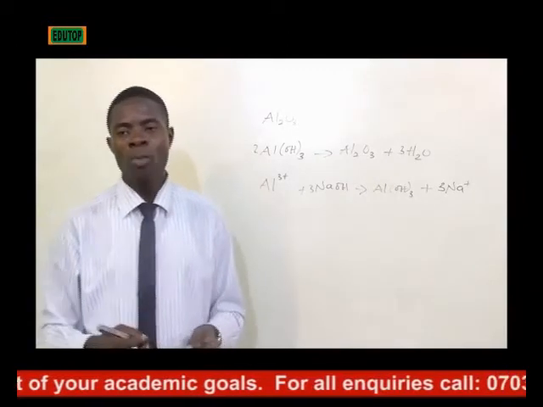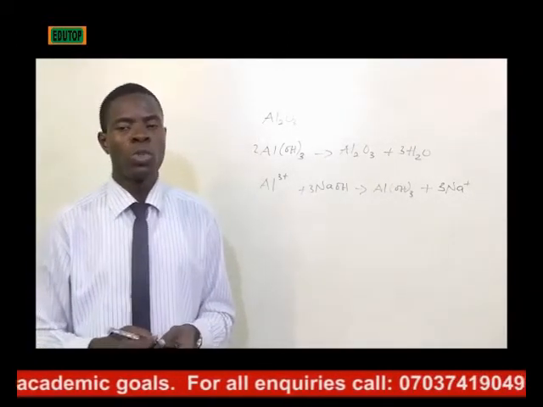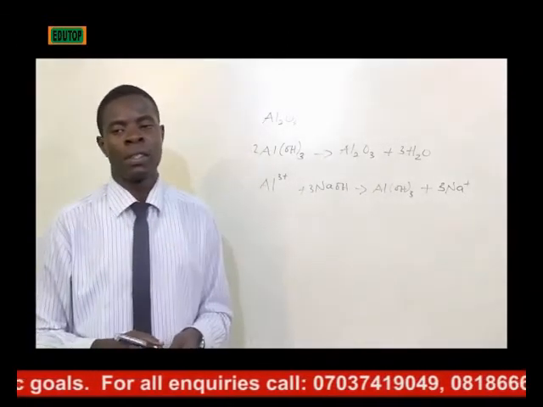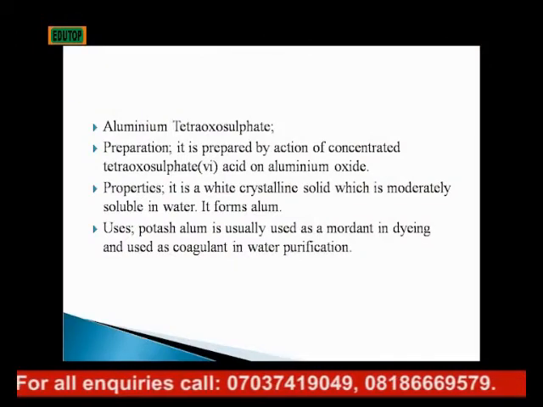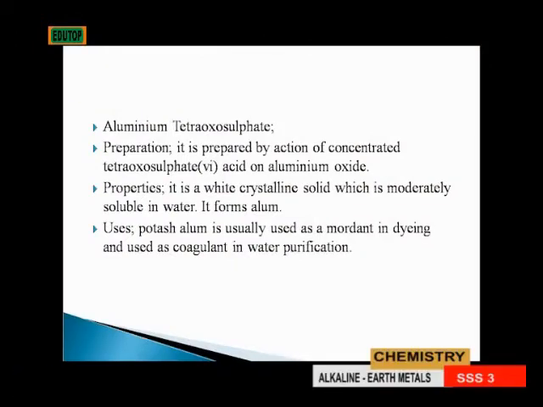Then you have aluminium tetraoxosulfate 6. How is it prepared? It is prepared by the action of concentrated tetraoxosulfate 6 acid on aluminium oxide. Properties: it is a white crystalline solid which is moderately soluble in water. It forms alum.